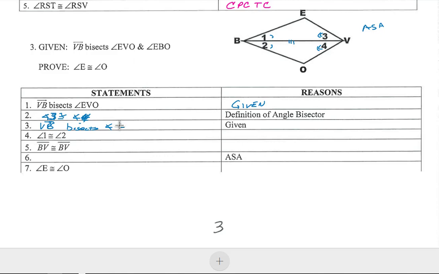And then BV is going to be congruent to itself. So that sets up an angle, side, angle pattern for us. And we can say that the two triangles, BEV is congruent to triangle BOV by angle, side, angle. And then their corresponding parts are going to be congruent by CPCTC.